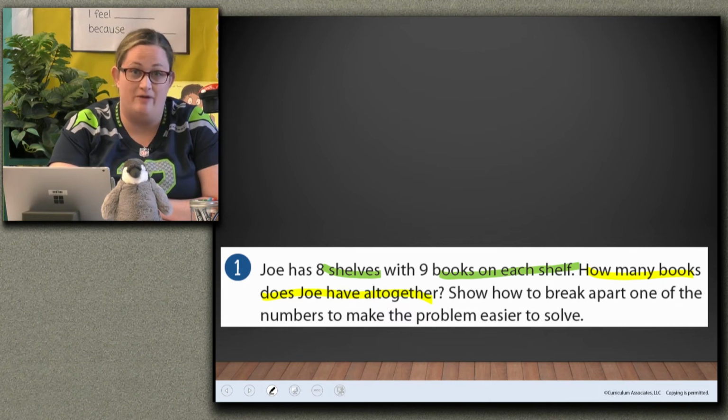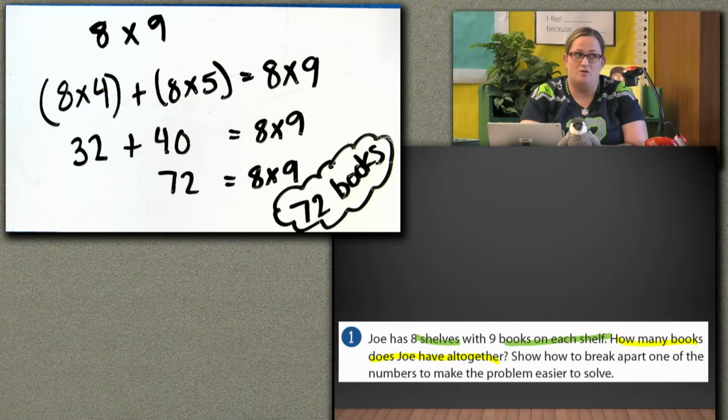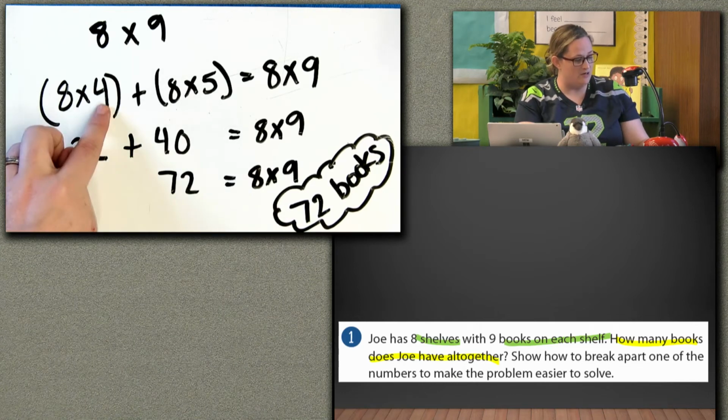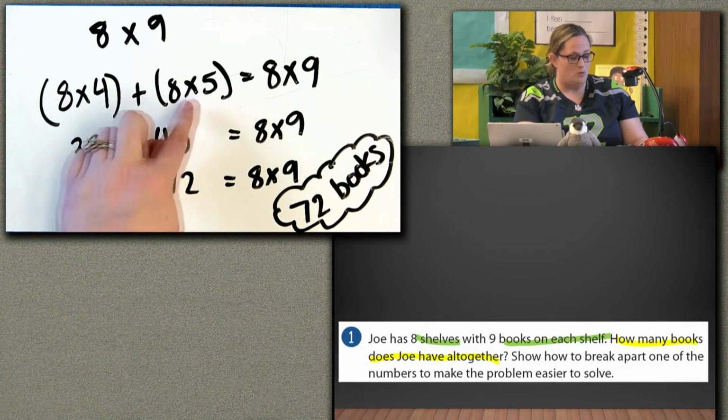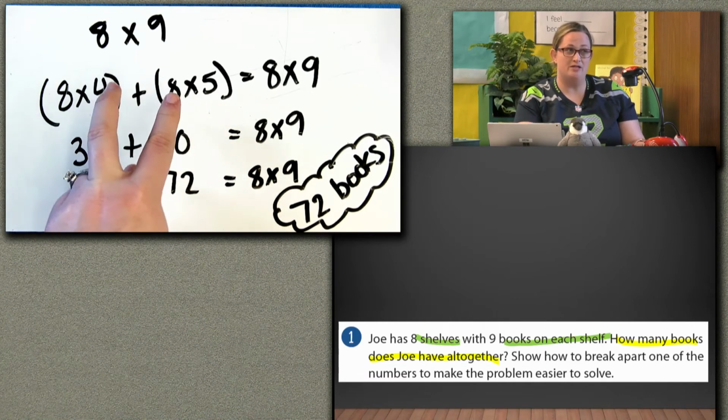Okay. Are you ready? Let's show them. Did you get 72 books? If so, good job. If not, look at mine and look at yours. Where did you make your mistake? Which part? Was it in decomposing one of the factors? So this part right here, did you mess up with which factors were which and which parts you were decomposing?